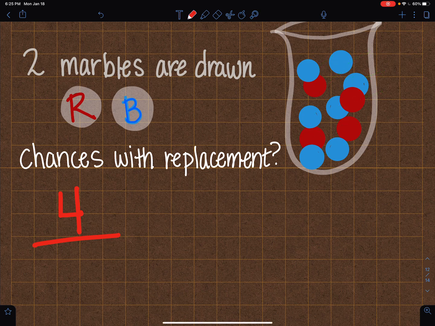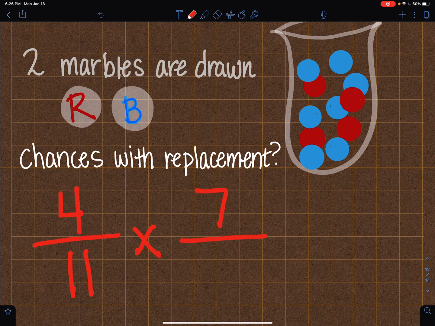So 4 out of 11 is your chance of getting the red in the first place.